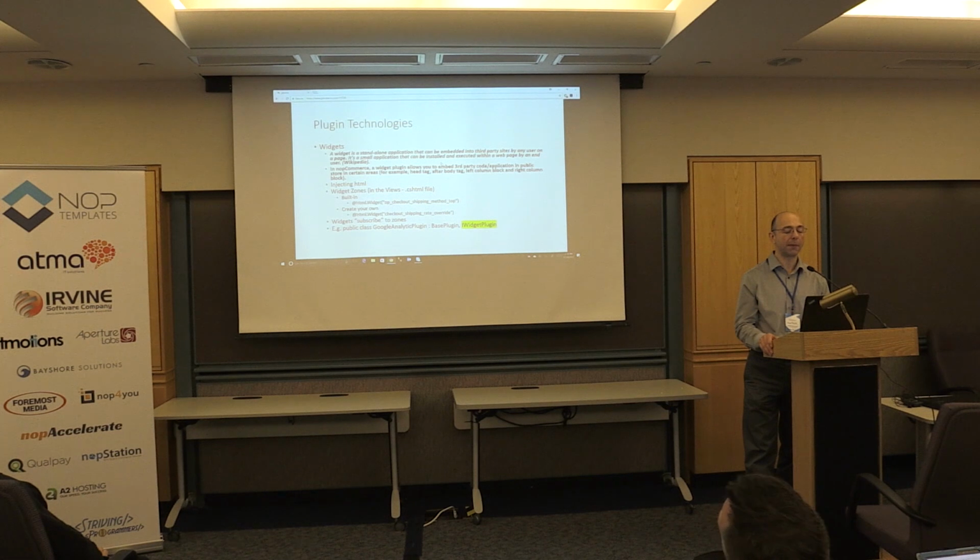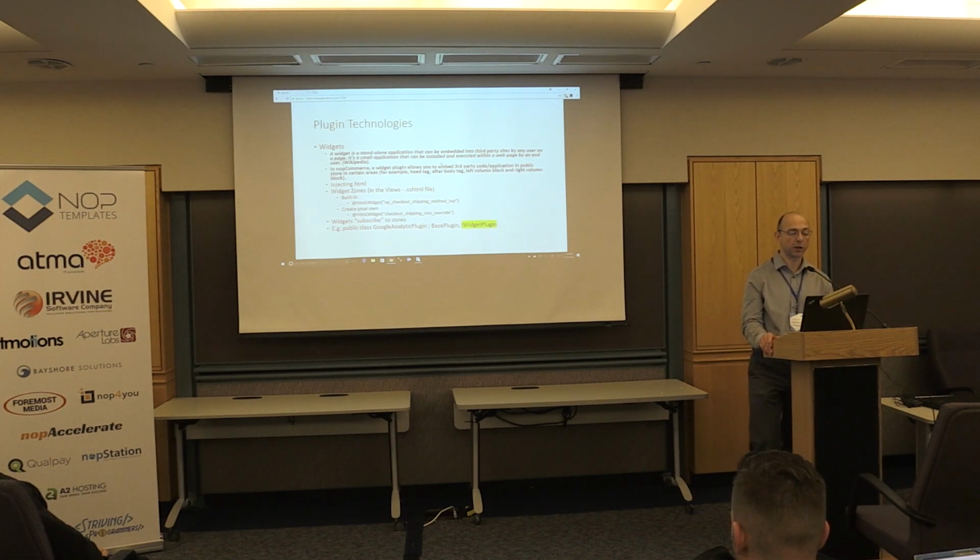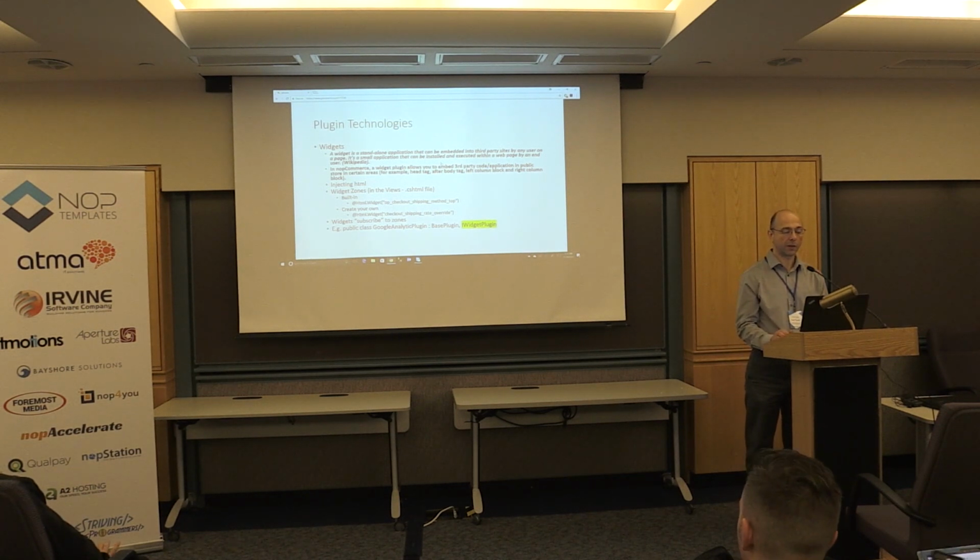But there's nothing magical about those widget identifier strings. You can create your own. So in this case, widget checkout shipping rate override. When I show you the demo of the shipping rate override, there was a particular place where I wanted to place the HTML, and there wasn't already an existing widget zone there. So I created my own.